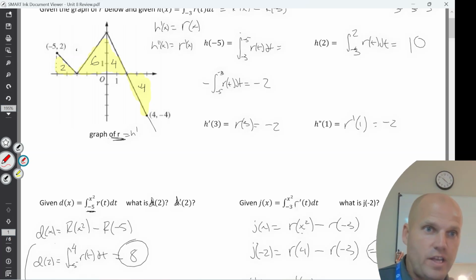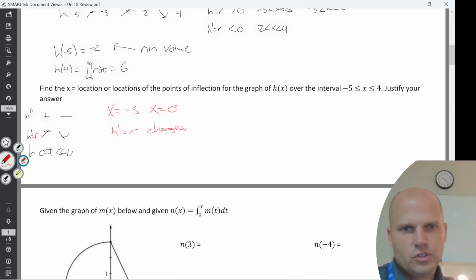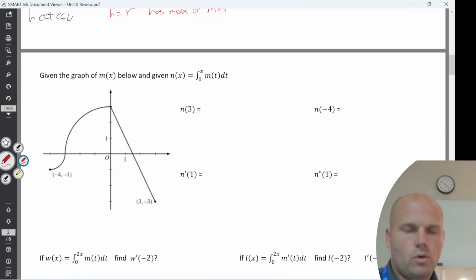Our answers are x equals negative 3 and x equals 0, because h prime, which equals r, changes direction. Or you could say h prime, which equals r, has a max or min. That is a quick way of saying h prime, which equals r, changes directions. Cool, that's it.